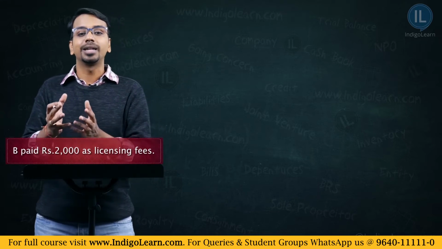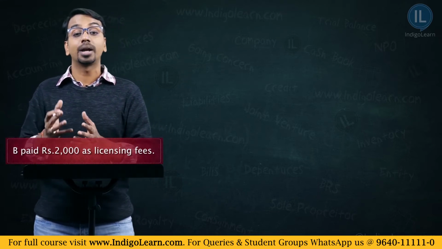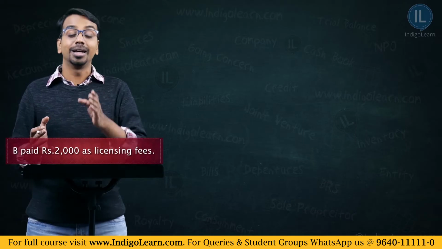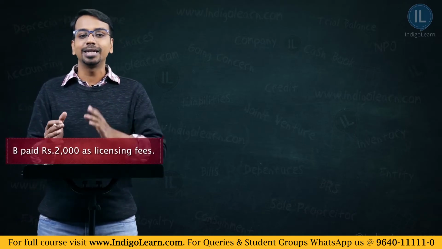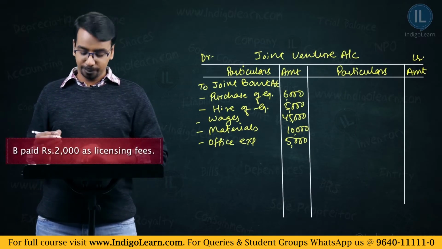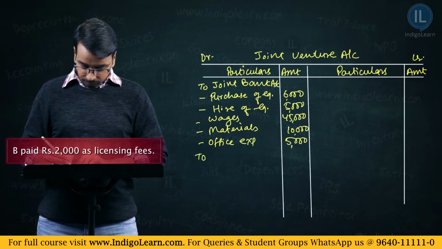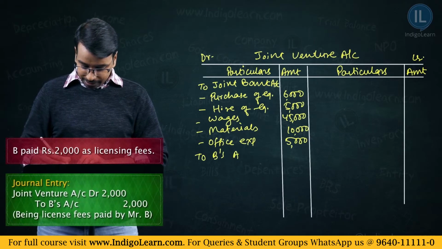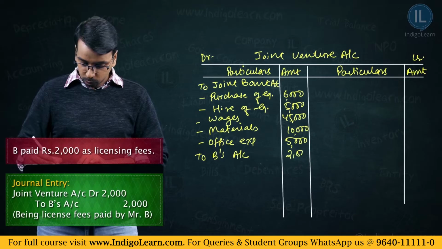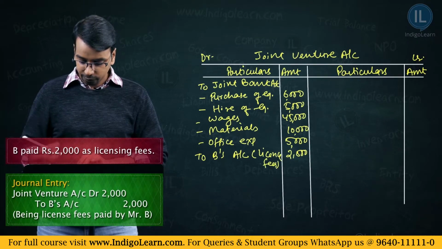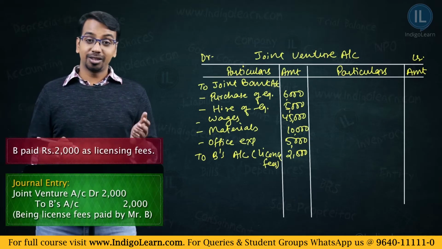So that means we have to create a liability towards B. We have to credit B's account. Debit joint venture account, credit B's account. Let us pass that entry. To B's account 2,000, in the bracket you can say license fees. Anything else? Are there any other expenditure?